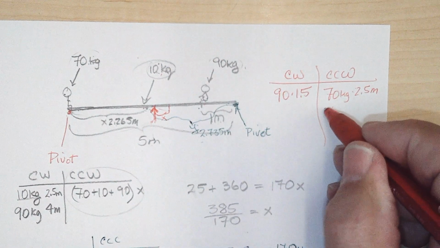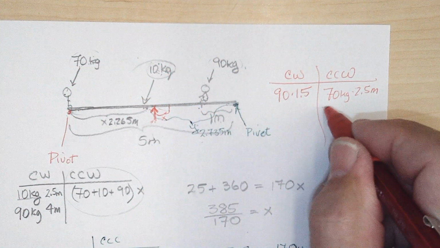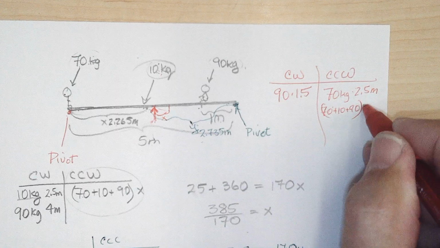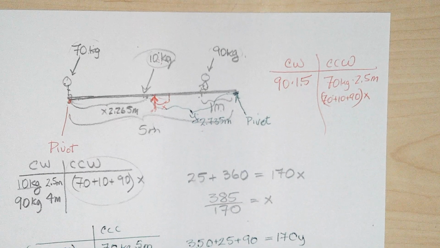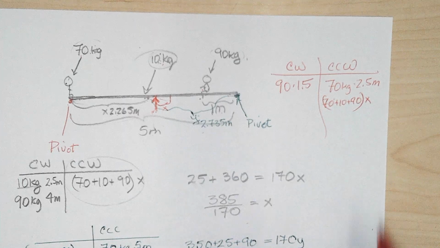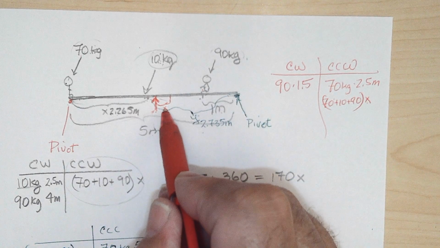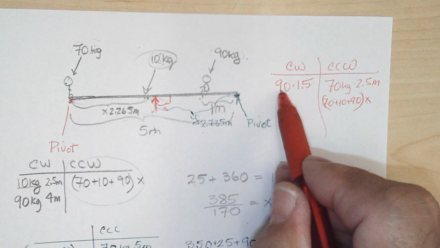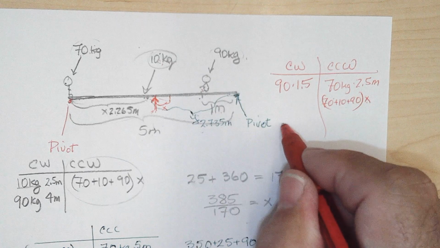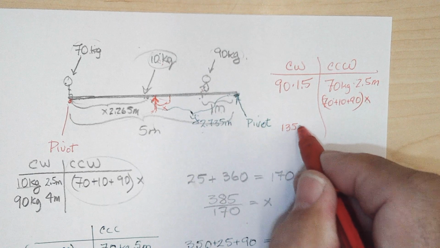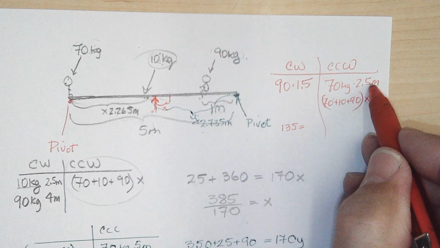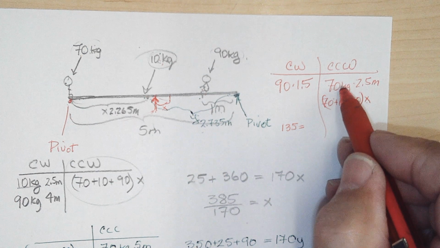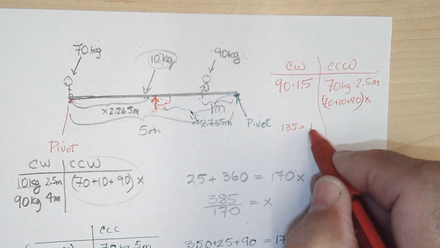I'm going to push enough to hold all of this, so that's 70 plus 10 plus 90 times x. Now, you'll see that it's going to tell me that I put it on the wrong side by the signs on this. So I have 90 times 1.5, which is 135, equals 70 times 2.5, 140 plus 35, 175.